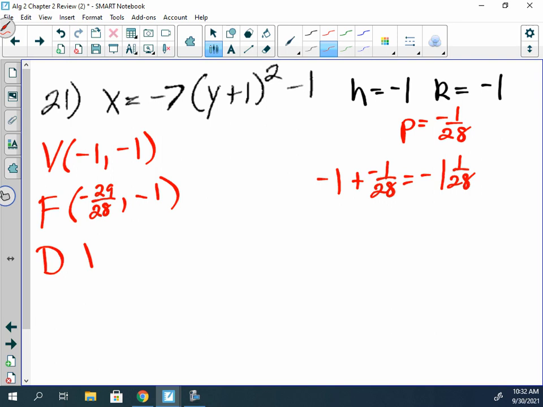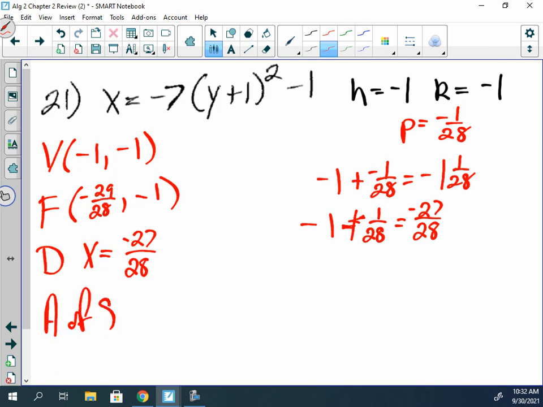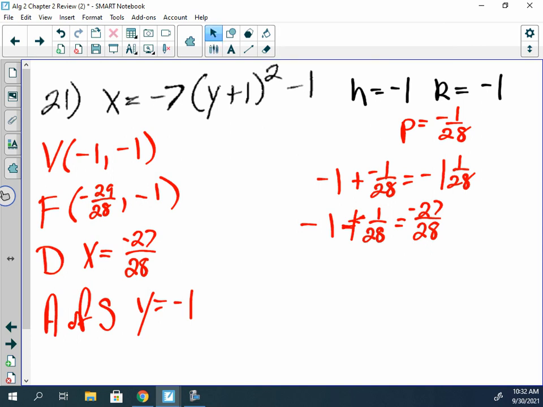The directrix is going to be x equals, well, we'd have negative 1 minus negative 1/28. Well, the negative and negative would make a positive, which is negative 27/28. And lastly, our axis of symmetry would be y equals negative 1. And that would be it.